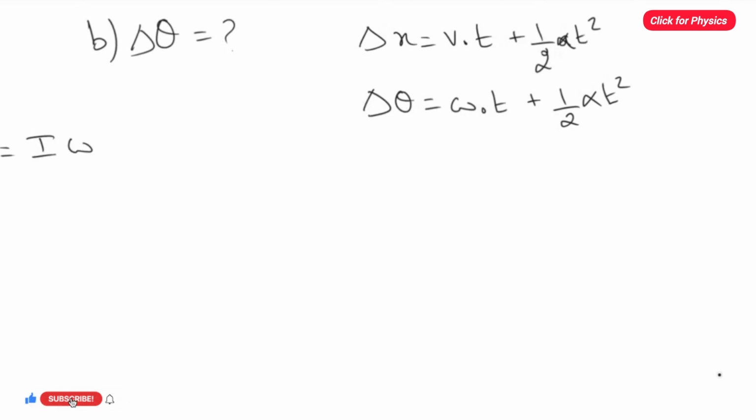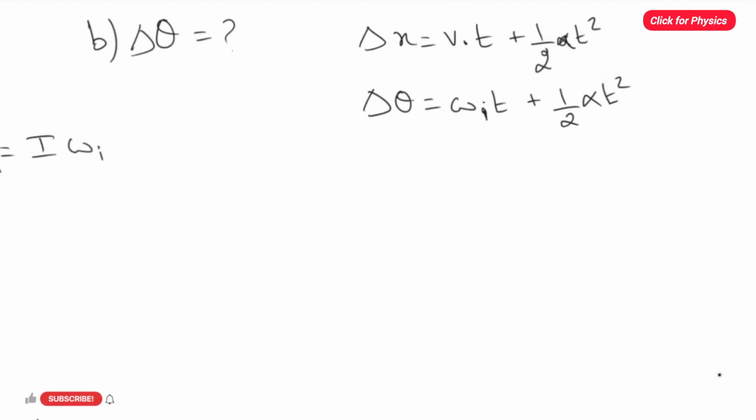If you write this in terms of the initial angular momentum, how can we write it? Initial angular momentum L_i is equal to I omega_i. So I can write the initial as omega_i, and I am going to use this term to replace omega_i.